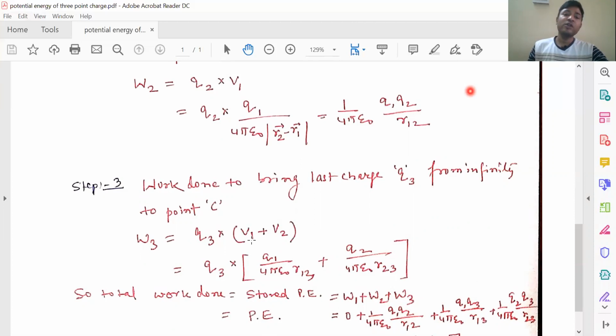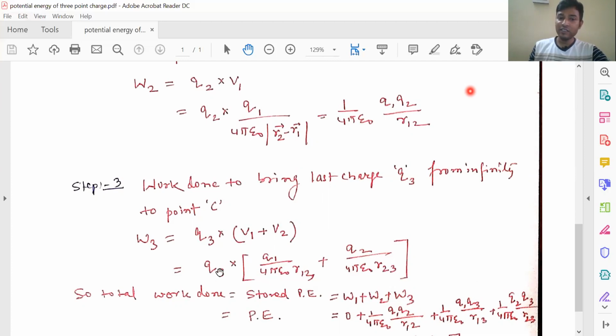So R13 means the distance from first to third. Similarly, R23 is the distance from the second charge to the third charge. We have calculated the potential at C, and all the distances are measured from the charge to the third charge point.